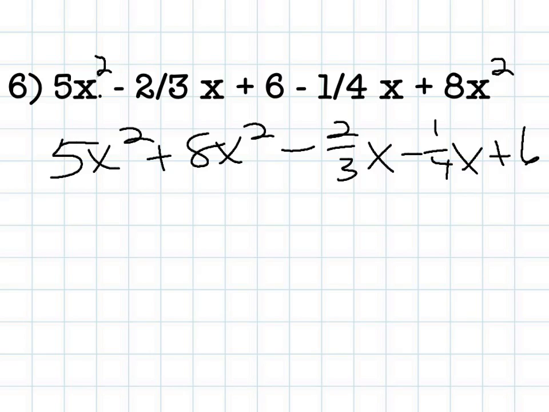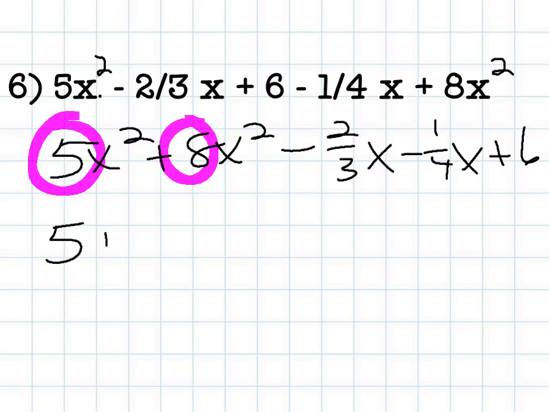Now, we have to see which one of these are like terms. Well, here we have like terms in the front. We also have like terms in the middle. So we're going to pull out their coefficients. So on this one, we want to pull out the 5 and the 8. So we would write 5 plus 8 x squared plus, now we have to go to the next term, and we have to find out what they have in common.